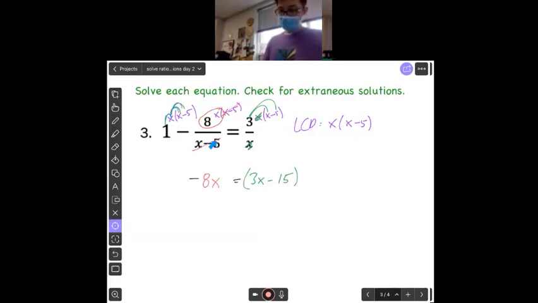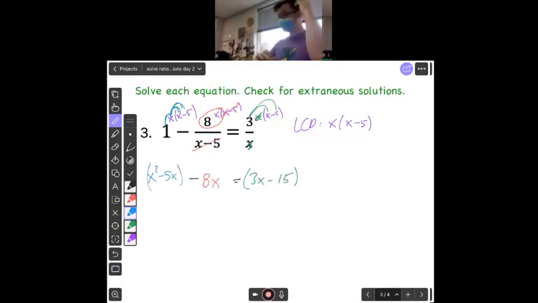Because the x minus 5 canceled the x minus 5, I just had the 8 and the x. So that gives me 1 times x, which is x, and then x times x, which is x squared, and x times 5, which is negative 5x. Okay. x squared minus 5x. Again, that all came down at the same time, so I put it in parentheses.